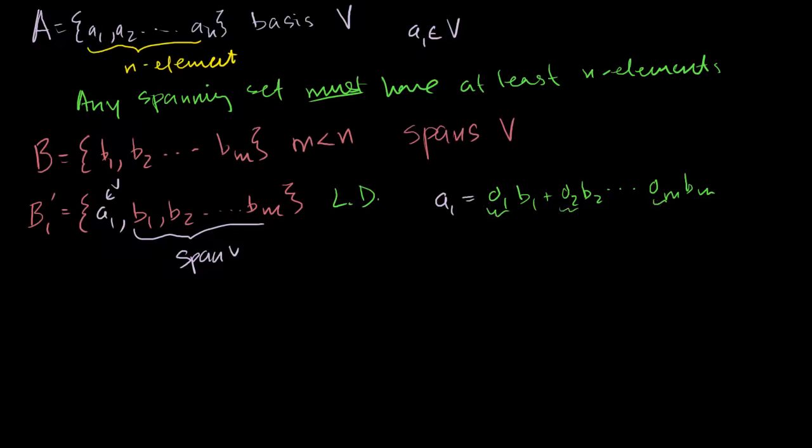So let's say, for the sake of argument, that dj, the coefficient on bj, is non-zero. So dj does not equal 0. What we can do is solve for that term. Over here someplace you have the term dj bj, plus a bunch of other stuff. If we subtract it from both sides of the equation, then divide both sides by minus dj and put the minus a1 on the other side, what do we get?